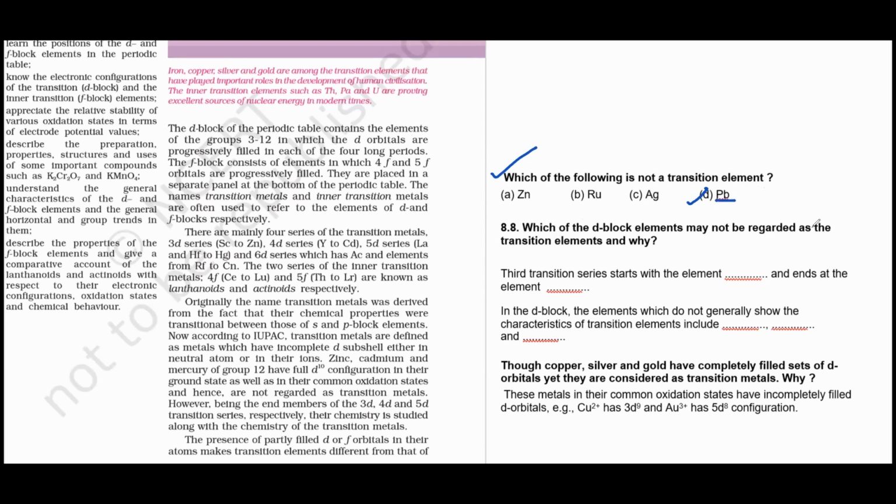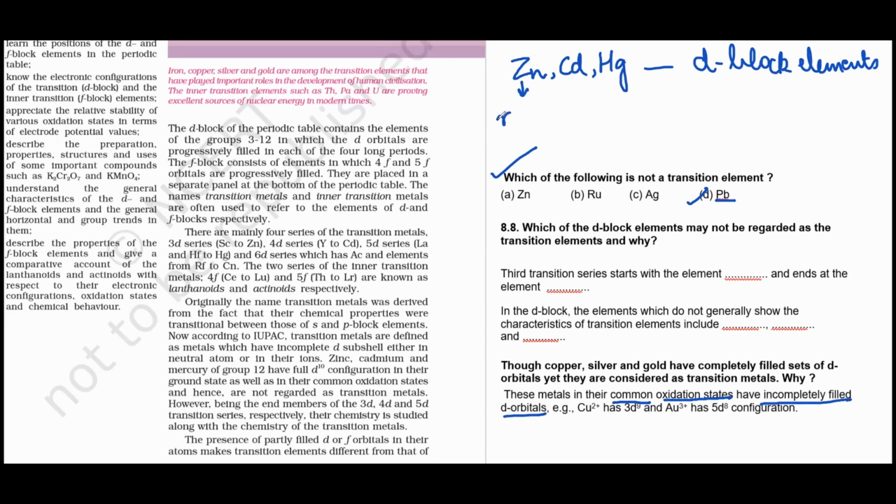Which of the d block elements may not be regarded as transition elements, and why? The elements zinc, cadmium, mercury are not regarded as transition elements. They are only called d block elements. Why? Because only those elements are called transition elements which, in their common oxidation states or in their normal ground state, have incompletely filled d orbitals.